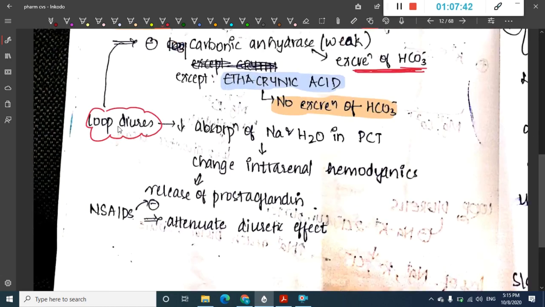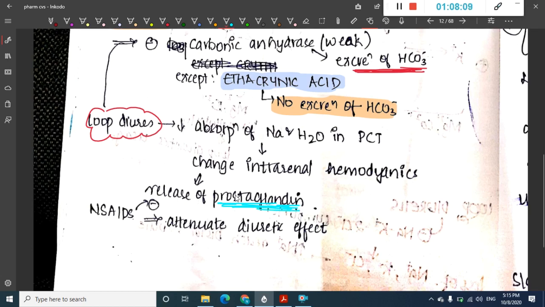Next, what do these loop diuretics do? I said they will decrease sodium and water absorption in the PCT, right? As a result, in the kidney the things that should happen normally are not happening properly. So intrarenal hemodynamics has been disturbed, and as a result there is release of prostaglandins.